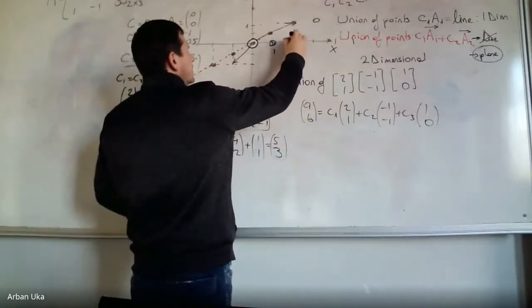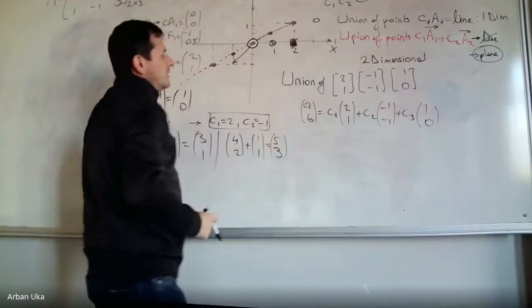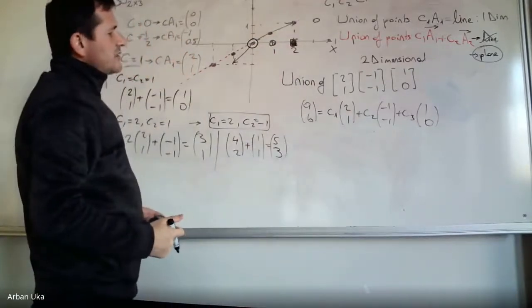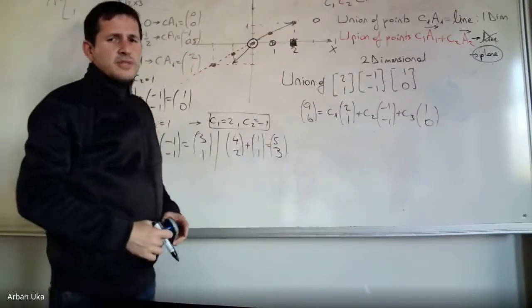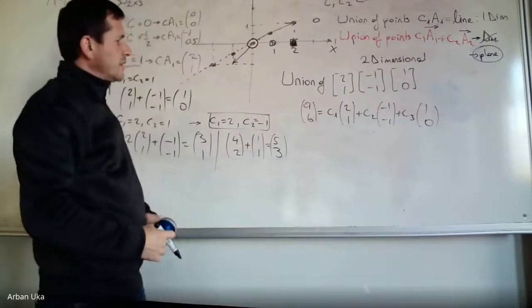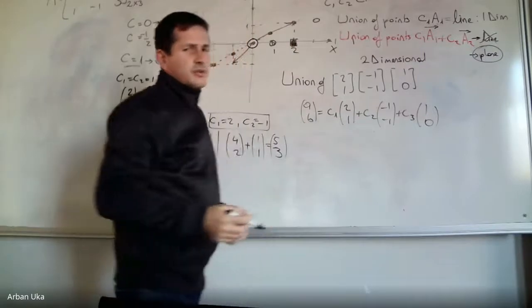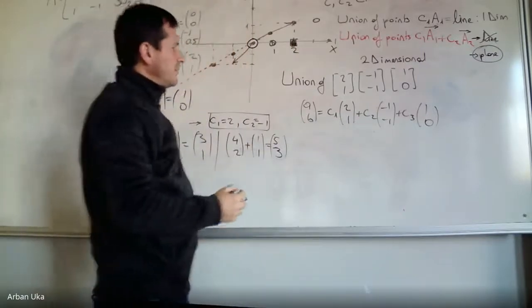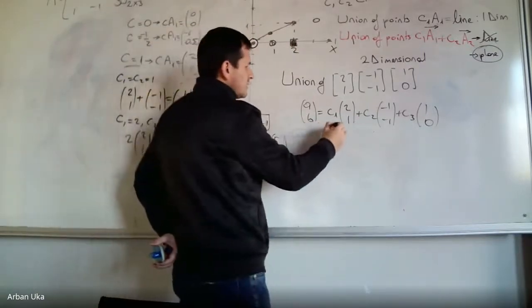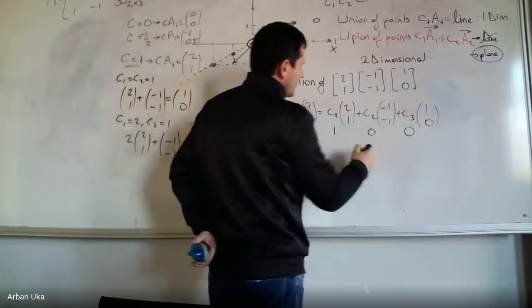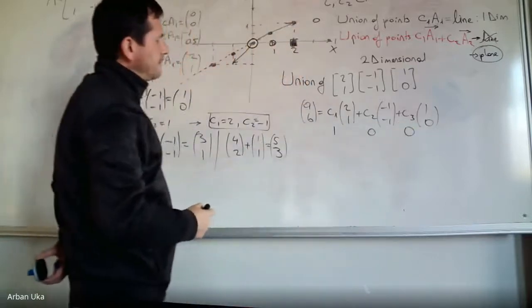Let's make a square. But this is the case if C1 is equal to C2 is equal to C3 is equal to 1. So that's one point, that's for sure. Give me another combination of C1, C2, and C3. What if we assign this 1, 0, 0? What point do we get?